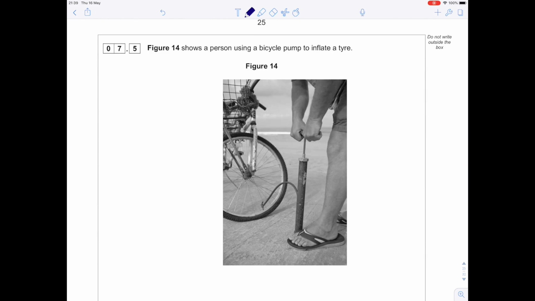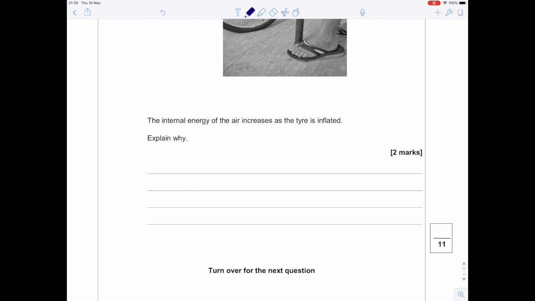7.5. Figure 14 shows a person using a bicycle pump to inflate a tyre. The internal energy of the air increases as the tyre is inflated. Explain why. Now remember that the internal energy is the total of both the kinetic energy and the potential energy of the particles in the object.